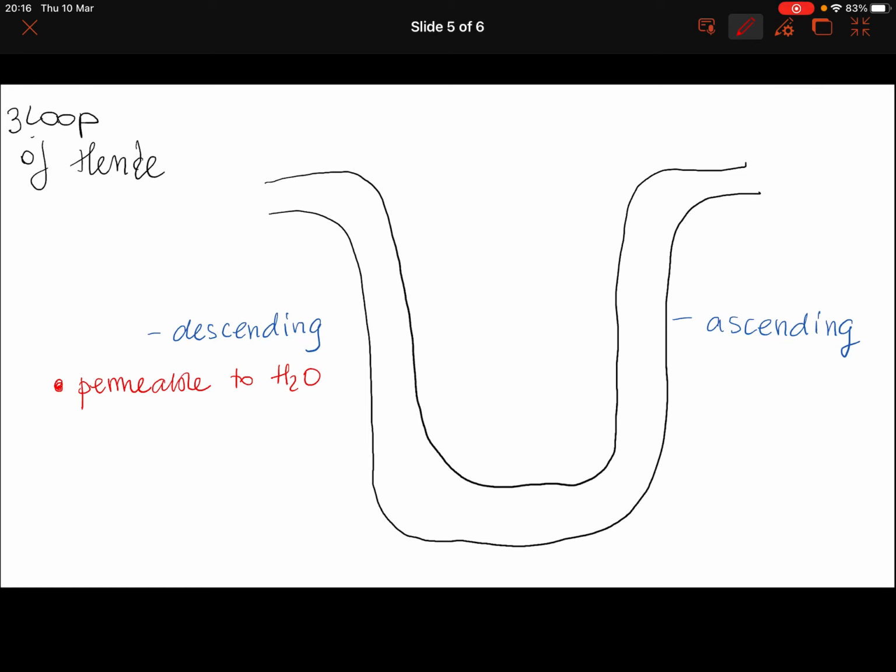Many students don't understand what permeable to water means: it actually means allowing the water to come out. Being permeable to water is one characteristic of the descending limb. The other characteristic is that it's impermeable to sodium ions. So you can guess quite easily: if permeable means allowing things to come out, impermeable means that things can come in.